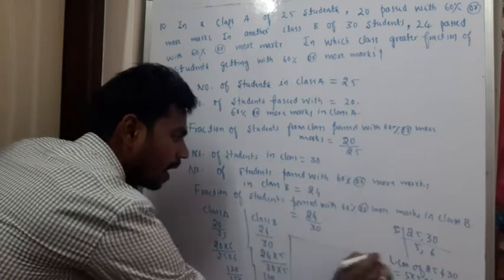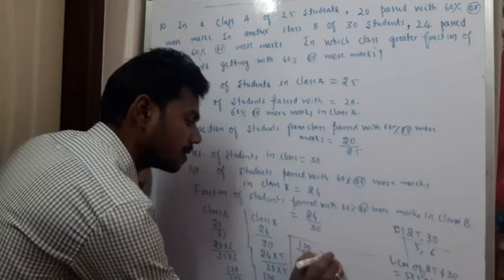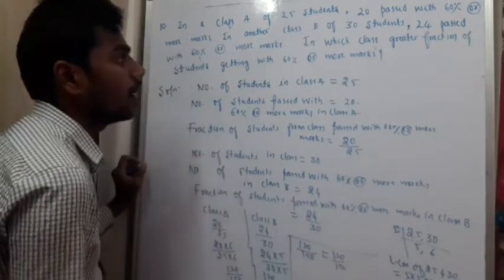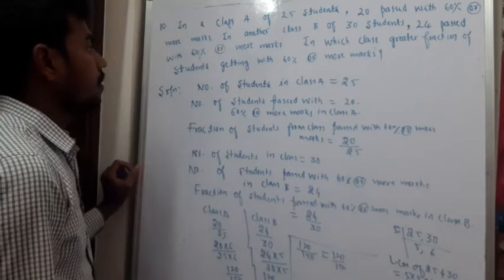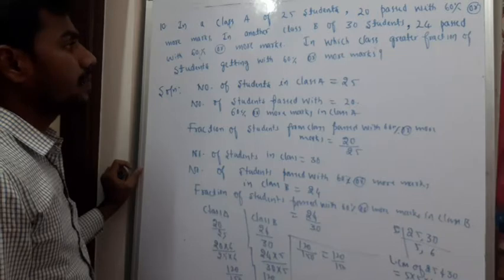So what we need to conclude? Both are equal. Therefore 120 by 150 is equal to 120 by 150. Both are equal. What we can conclude? So which class greater fraction of students getting the 60%?